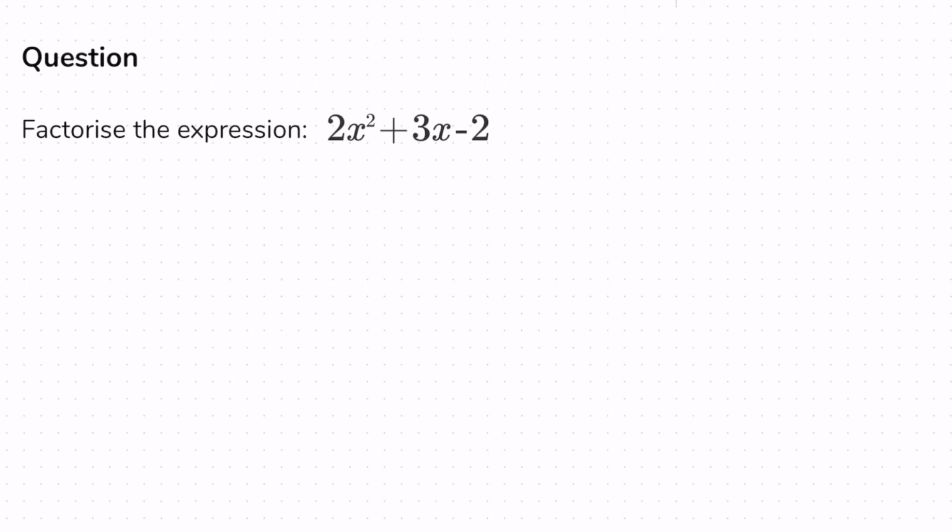The way I do this is a little trick to begin with, where I take a and c and multiply them. 2 times negative 2 is negative 4. Then I ask a similar question to what I was asking before. What are the factors of negative 4 that add to positive 3?